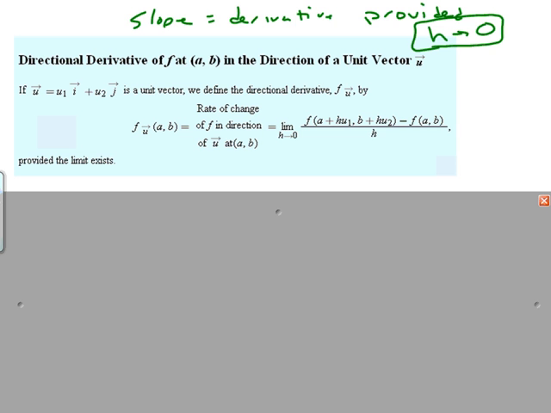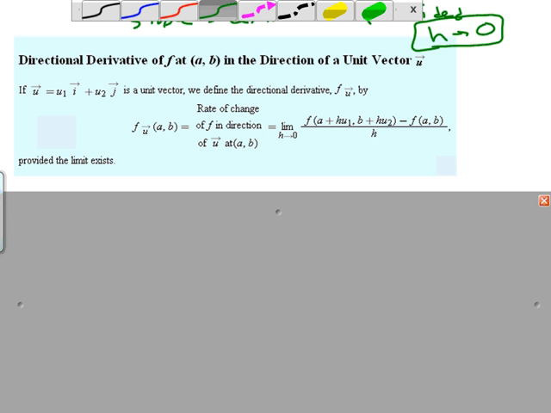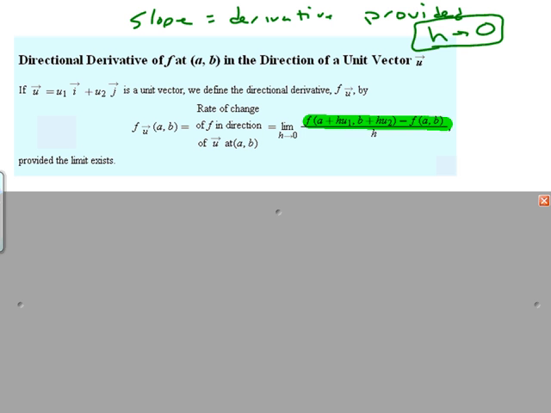So notice that right here we have our slope equation, and when we let h go to 0, that gives us the derivative, the partial derivative with respect to our unit vector u at a and b. So that's the rate of change in the direction of the unit vector, and that's called our directional derivative.